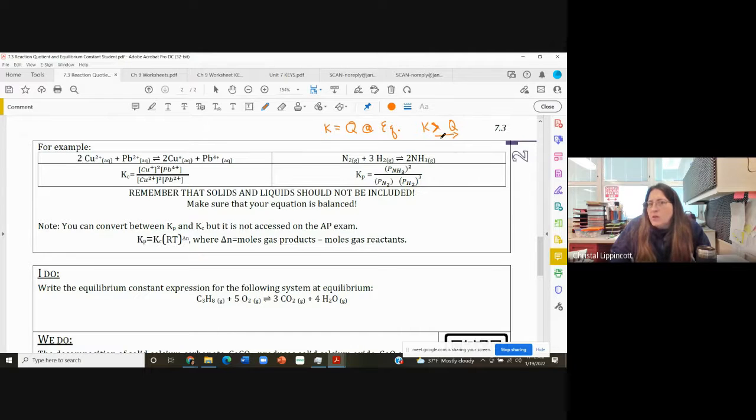So if K is greater than Q, it's going to form more products. If you write these in alphabetical order, this trick will work every time for you. If you don't, then you have to logic your way through, and it takes you a lot of time. So if Q is greater than K, then it's going to form more reactants.